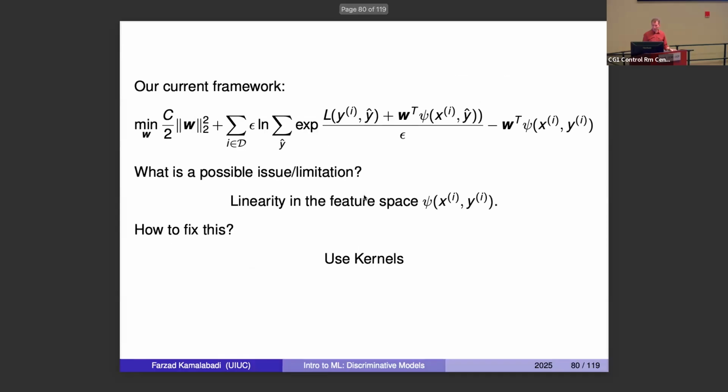The final point, without going through the details, is that there are issues, as we saw, with models such as support vector machines. The main issue is that it is still limited by linearity in feature space.